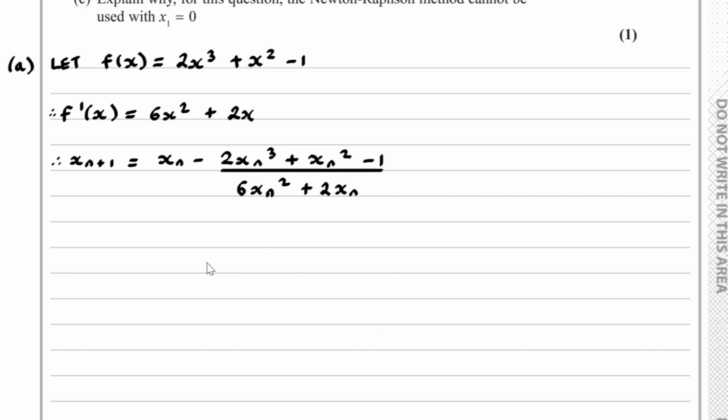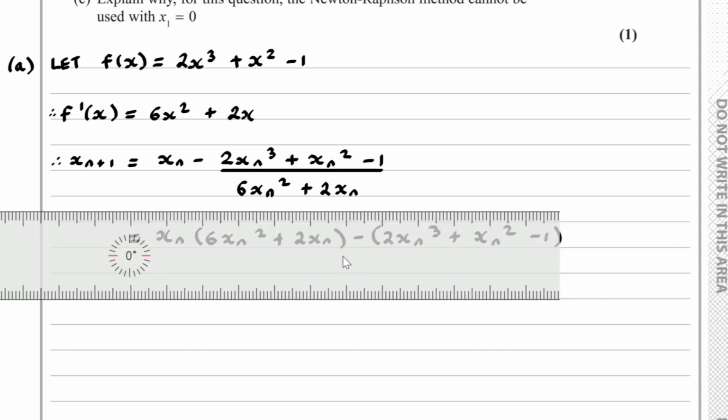And we can combine this, so we've got one denominator of 6xn squared plus 2xn. So I've got xn multiplied by 6xn squared plus 2xn subtract 2xn cubed plus xn squared minus 1.